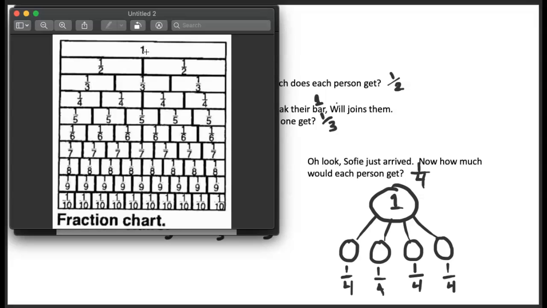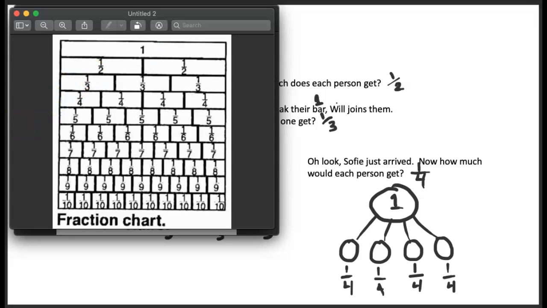Which row shows dividing the granola bar into 3 pieces? Right, the 3rd row. The row with the thirds, we would say. The thirds, right? 1/3, 1/3, 1/3. 3 equal parts that make up the whole. And this would represent Lou, Joe, and Will each getting 1/3 of the whole granola bar.